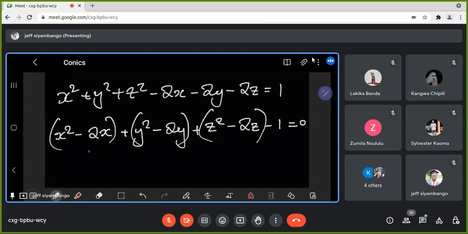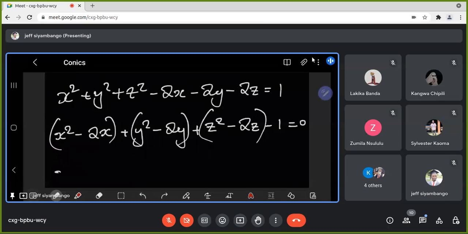So for each term, make sure that the coefficient of the term squared is 1. In this case, x squared must have a coefficient 1, y squared 1, z squared 1, which is the case here. Once you have ensured that, next, focus on the term with an x, the term with a y, the term with a z. Once you highlight those, half them.